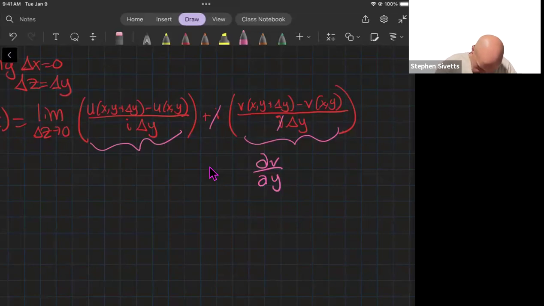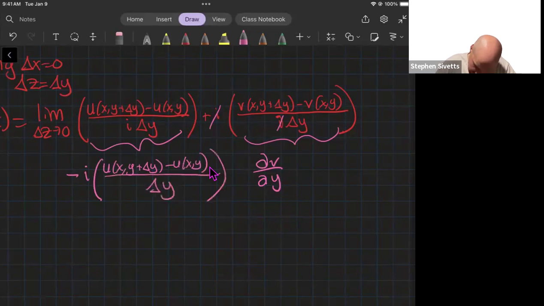So if I do complex division, this is minus i times u of x, and then y plus delta y, minus u of x y, divided by delta y. We'll get this, and so this would equal minus i times the partial of u with respect to y plus the partial of v with respect to y.